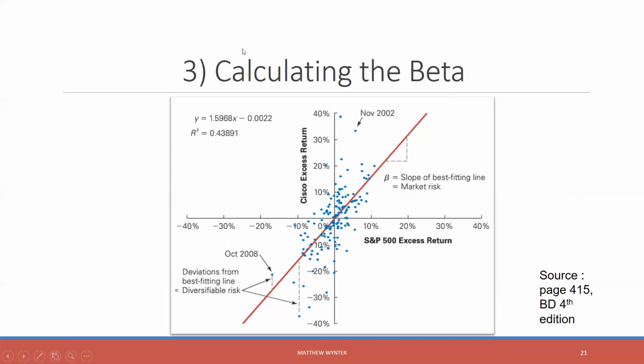So in November of 2002, you can see that Cisco had a return of almost 34%, and the S&P had an excess return of almost 9%. So it's plotting in real time across all of these different time periods the excess return for the asset and the excess return for the market.